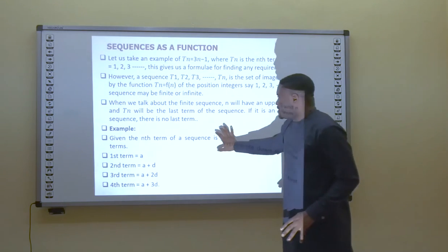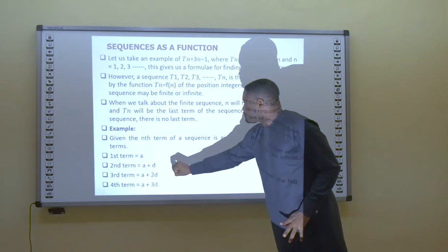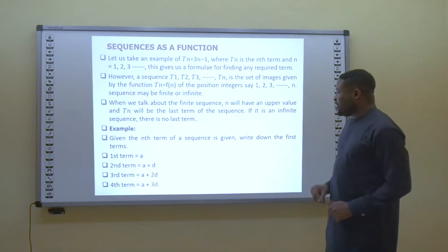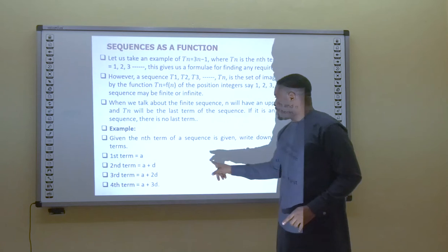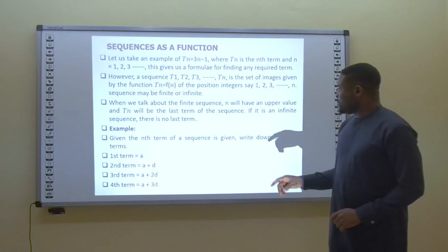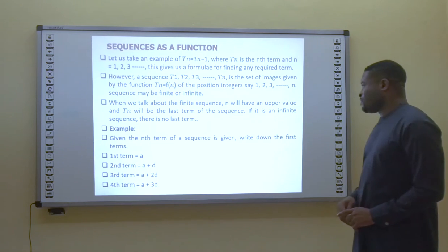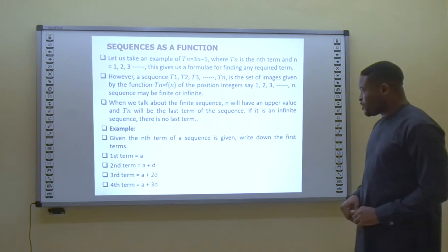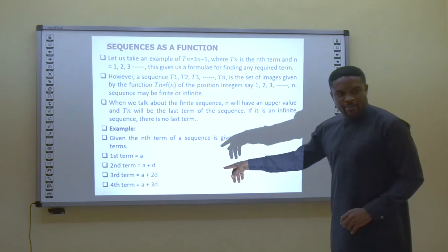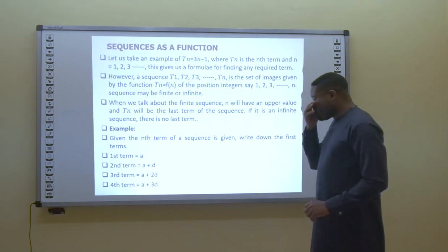Now, let's look at this example. They say, for example, the nth term of a sequence is given, write down the terms. The first term is A, the second term A plus D, the third term A plus 2D, and the fourth term A plus 3D.